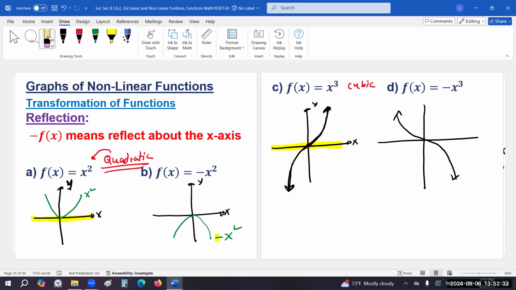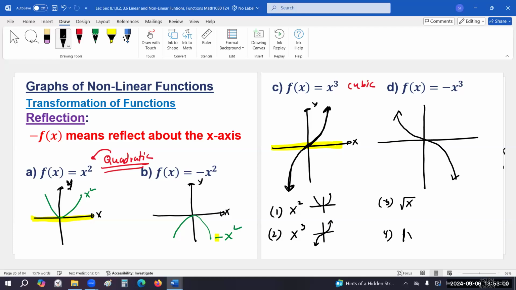And then I have absolute value and square root. So let me write them down. 1 is x squared, 2 is x cubed. So square is this, x cubed is this. Number 3 is square root. Number 4 is absolute value.